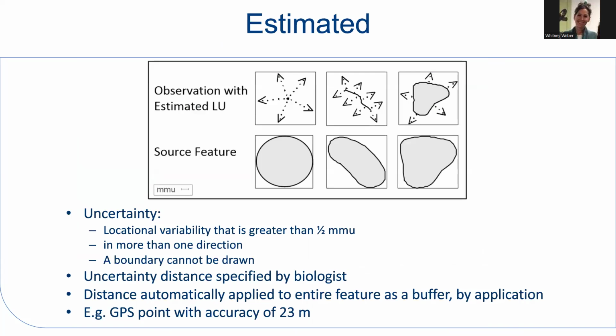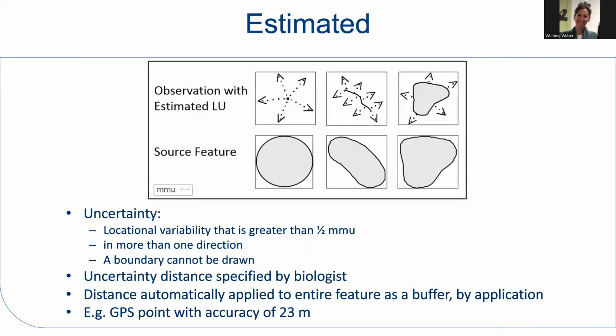And finally, estimated locational uncertainty type is when the locational variability is greater than half the minimum mapping unit, so greater than 4.5 meters in more than one direction, and a boundary cannot be drawn to delimit or define the boundaries.